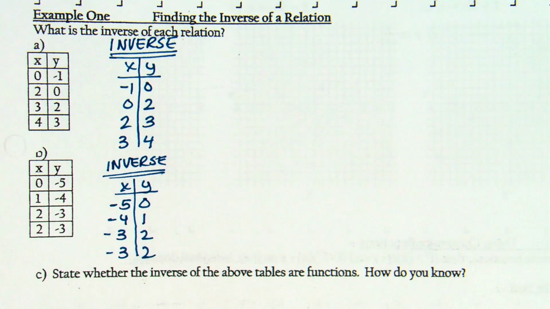The shortcut that we often look at, at least to get us started: do any of the x values repeat? No. If none of the x values repeat, it's guaranteed a function because each x value pairs with exactly one y value. And so up next to this problem, I'm going to write function, as in, yes, it is a function.